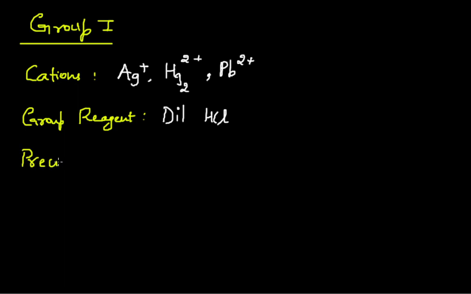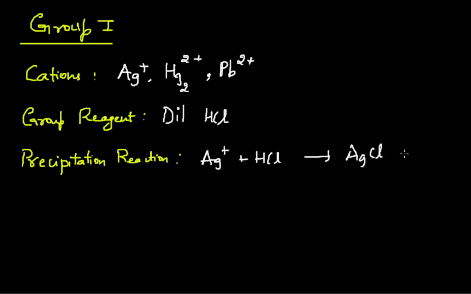Precipitation reaction is Ag plus when it reacts with HCl, you get AgCl, a white precipitate, plus H plus is evolved.